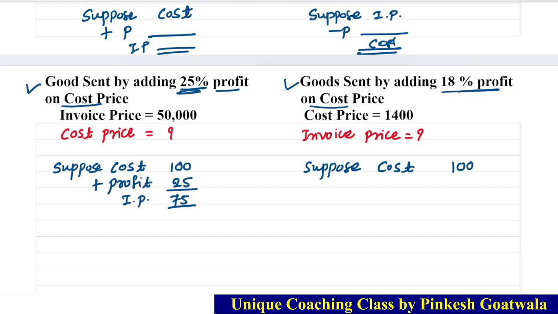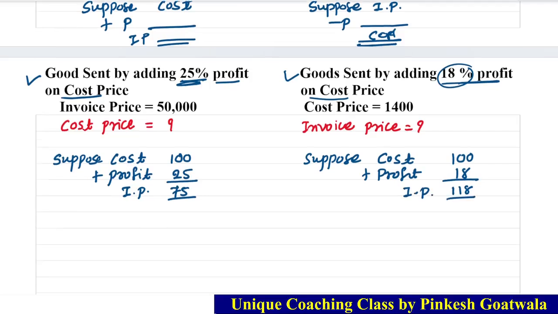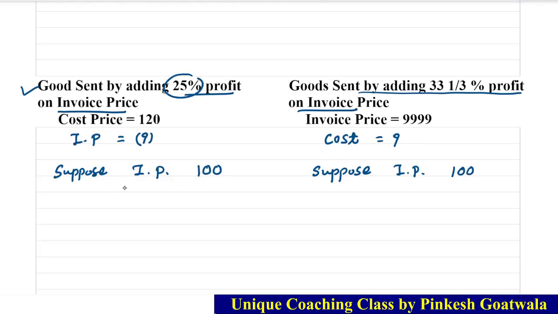Same point here, 80% profit on cost. It is cost, so profit is added. So 80 profit is added, and 180 will be the invoice price. Clear? Same point here, invoice price is 100, profit is 25, so in invoice profit will be less.